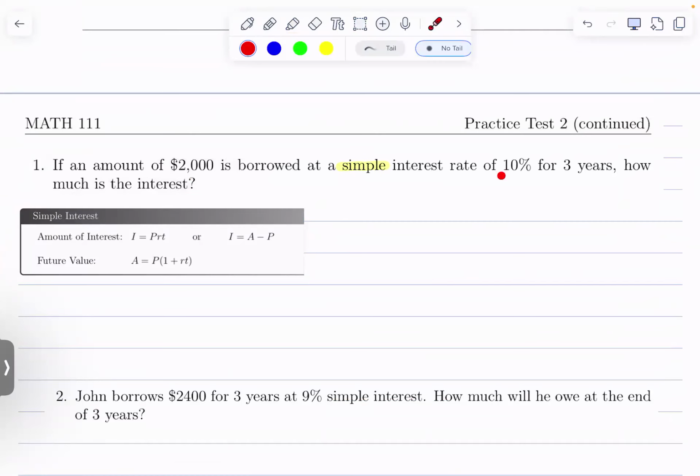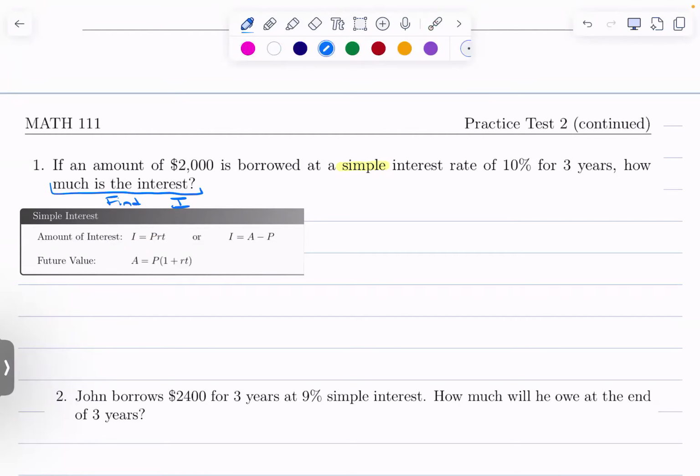So we borrowed $2,000 at an interest rate of 10% for 3 years. How much is the interest? Now, what are we trying to find? We want to find I. Capital I is the amount of interest, right? There's a lot of ways that you could solve this, but I think the easiest way would be I equals PRT, right?